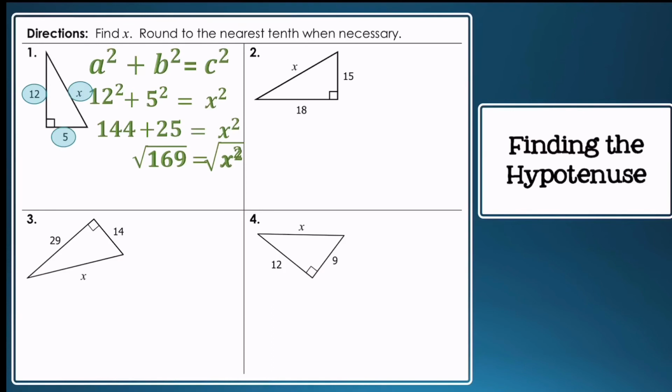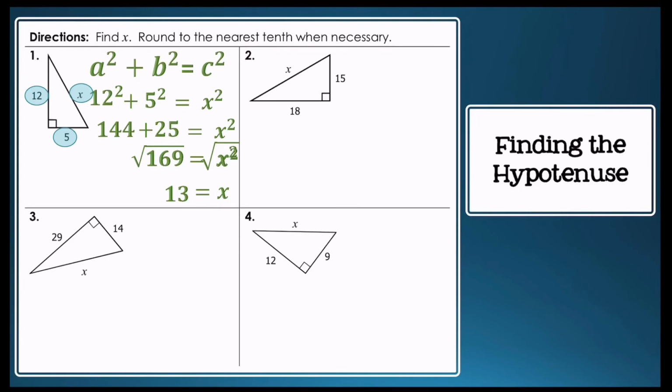So when I do that, what happens is I'm left with just x. That was the whole reason I did it. If I square something, then square root it, I'm left with the original thing. Then I have the square root of 169, and that is 13. Is 13 bigger than 12 and 5? Yes. So you did the right thing.